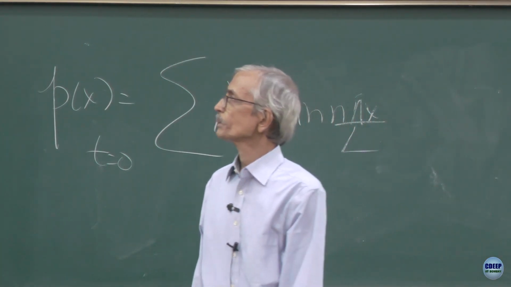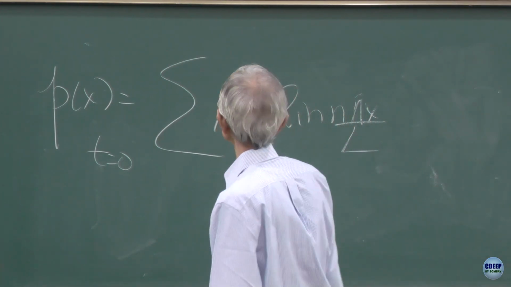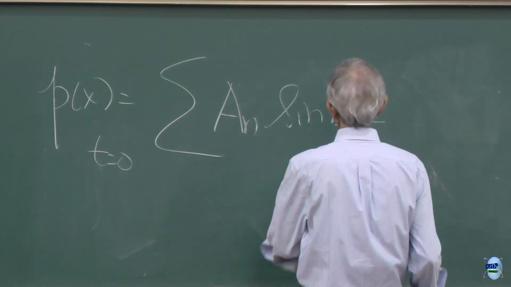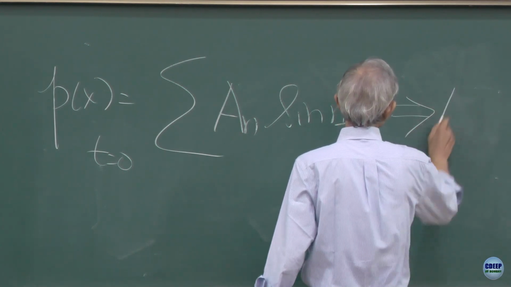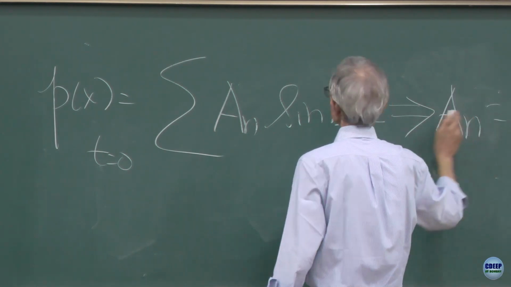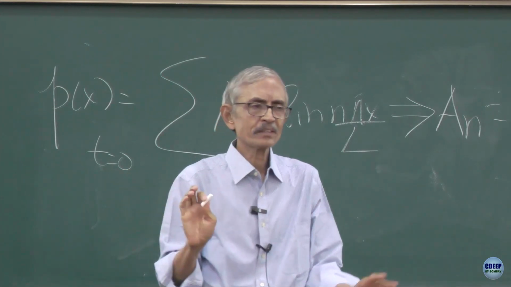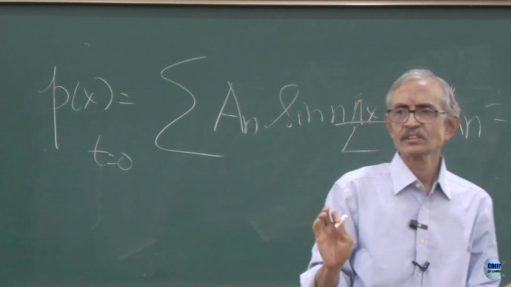So you have got P of x equal to the summation of an sine n pi x by L, and now can we get our an? No Fourier series, nothing. Just brute force.